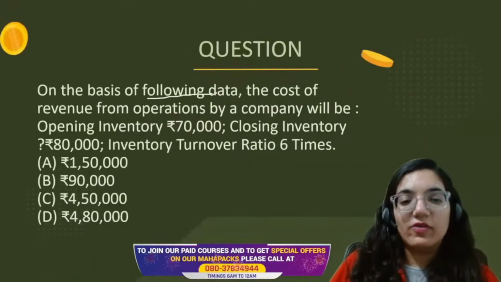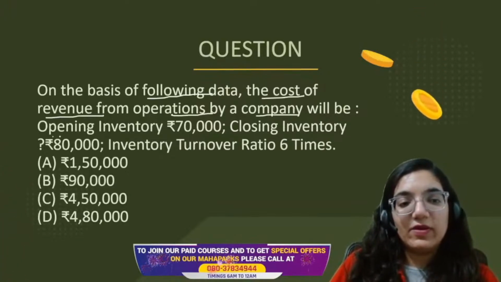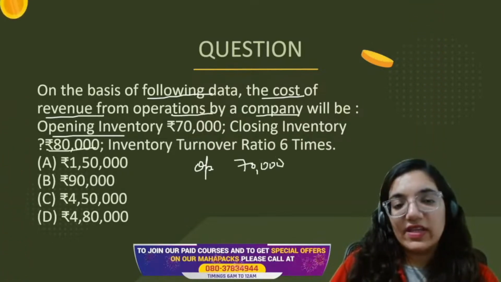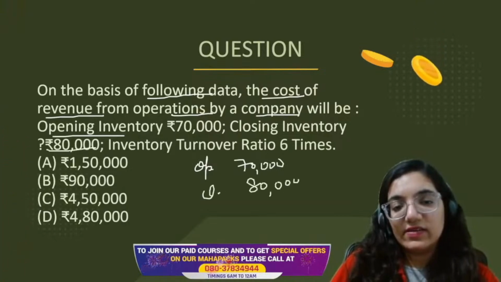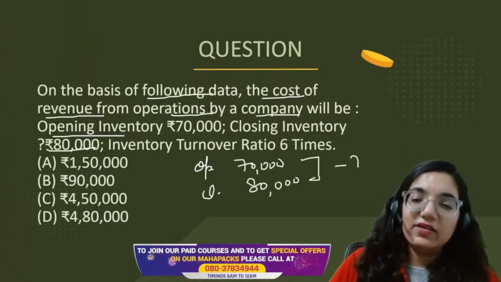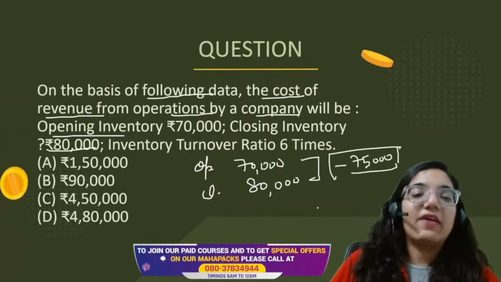On the basis of the following data, the cost of revenue from operations by the company will be... Opening inventory is given 70,000. Closing is given 80,000. So what is the average, everyone? 70 plus 80 divided by 2 will give us 75,000. This is my average.